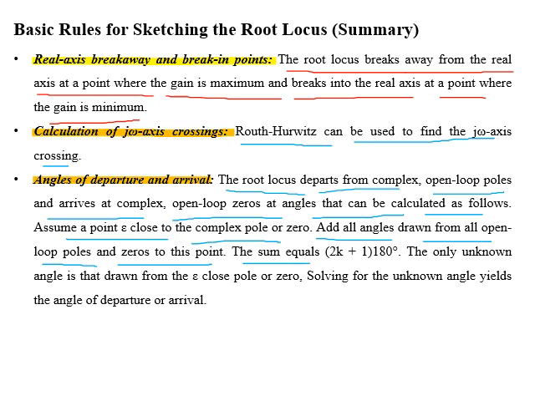And then we use the angle criteria, which says that the sum of angles must be equal to odd multiples of 180 degrees. And the only unknown angle is that drawn from the epsilon, which is close to the complex pole or complex zero. Students, solving for the unknown angle gives us the angle of arrival or angle of departure for the complex pole or zero.